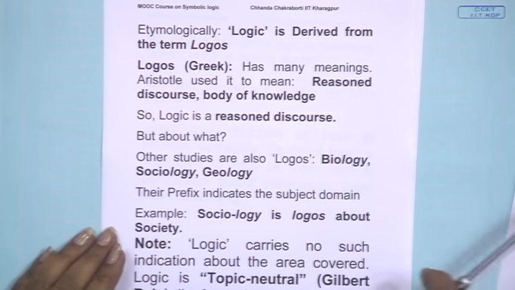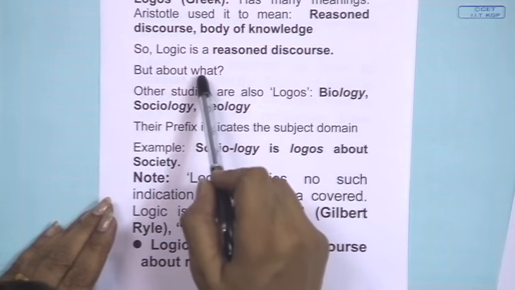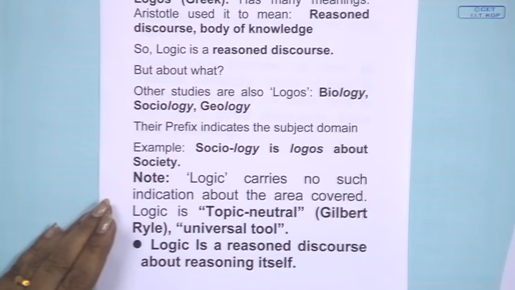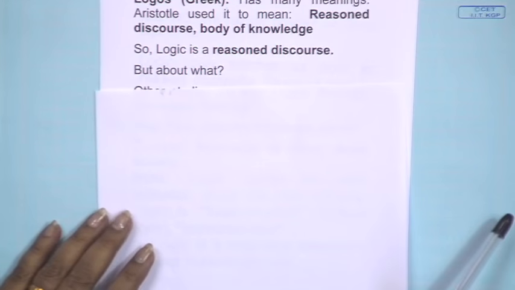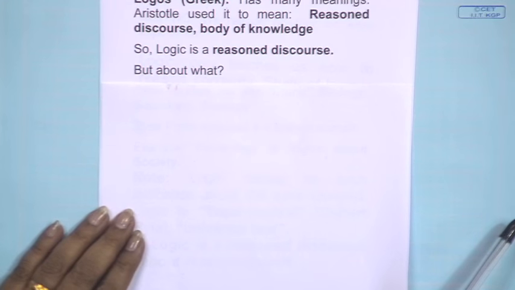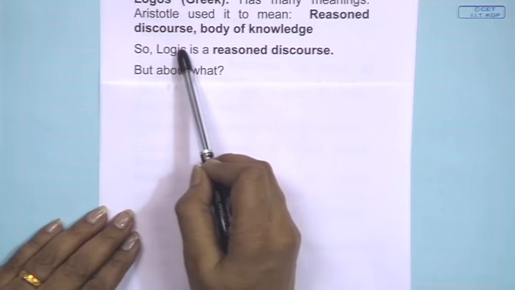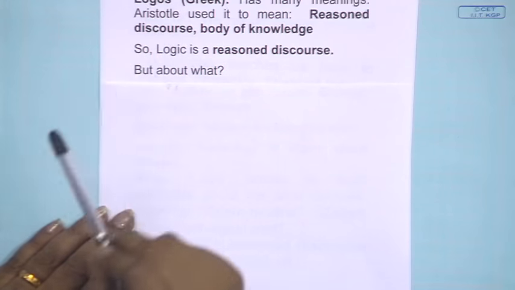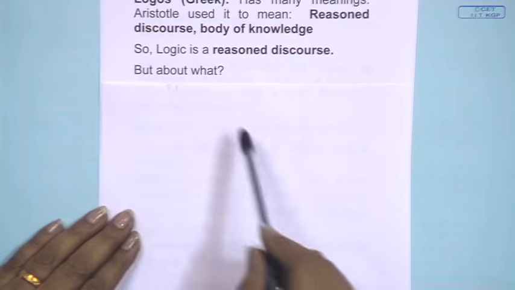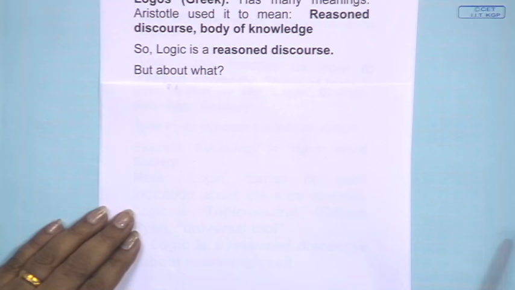But what is the content of this? I have told you that it is reasoning, but let us try this. Wherever we see this term logos as in logic, you get to see a reference to a study.